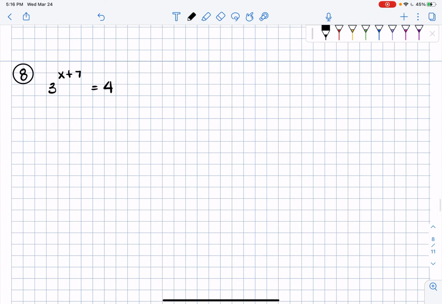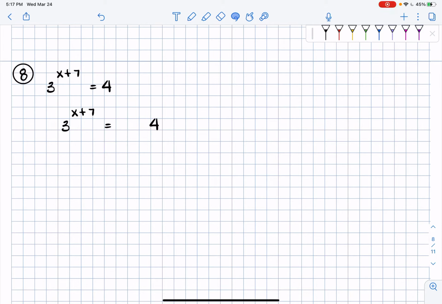All right. This is where I can't find a common base, right? I can't make 3 a base of 4, and I can't make 4 a base of 3. So if I'm stuck, then I can either use the common log or the natural log. And I already told you guys that my preference is always the natural log, right?